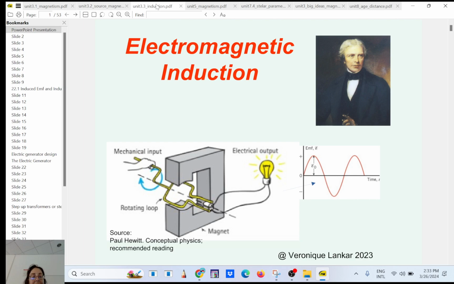Okay, so now we are at electromagnetic induction. So remember that in 1820, you have Oersted, who did that experiment, and he was able to show that the source for magnetic field is moving charges, right? So if you have an electric current, it's going to produce a magnetic field. So that was 19th century, 1820.